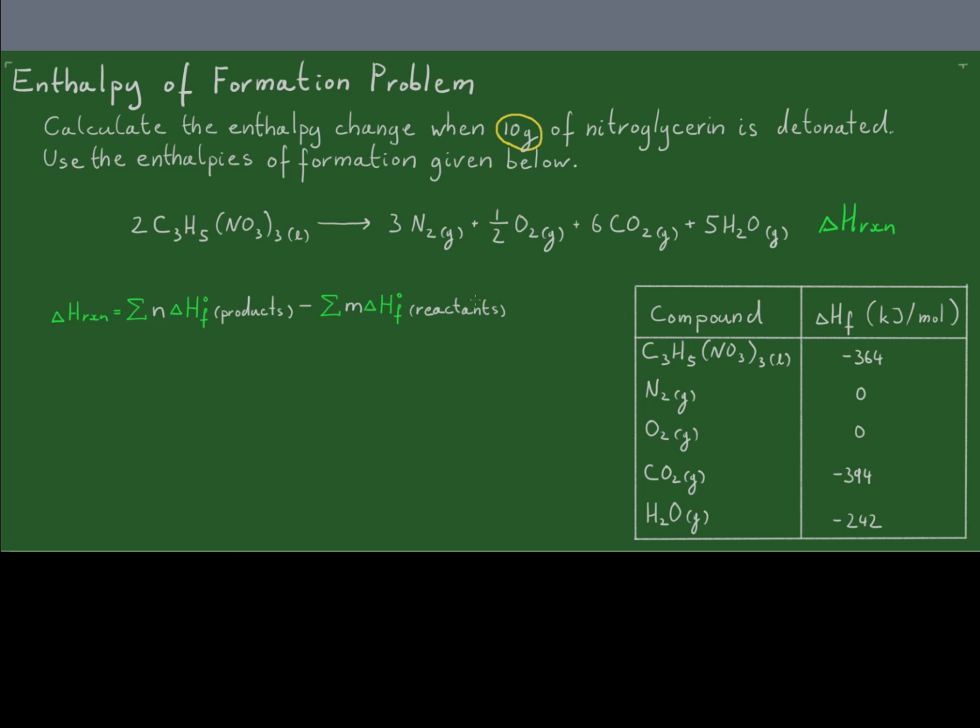Let's see what we have here. I'm going to start with the products first. So we have nitrogen. The enthalpy of formation for nitrogen is given as 0 kilojoules per mole. Next, we are given oxygen. And the enthalpy of formation for oxygen is given as 0 kilojoules per mole.